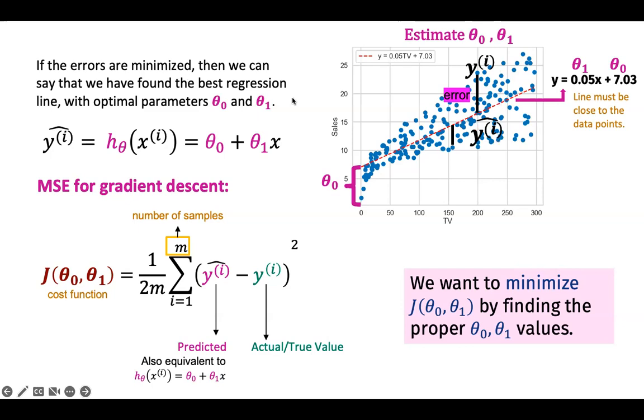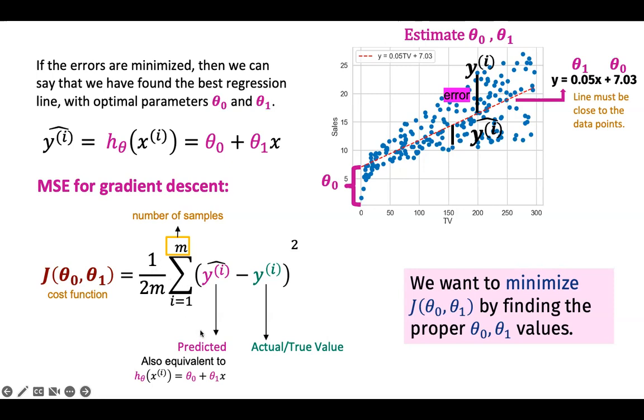So one way for us to measure the error is to use the mean square error, which is a cost function. Okay, so the MSE for gradient descent can be denoted with j of theta, wherein it is equivalent to the sum of the squared differences between the actual and the predicted, and taking the average of it after.